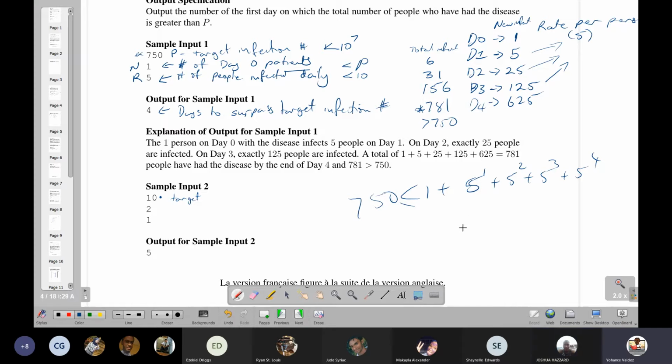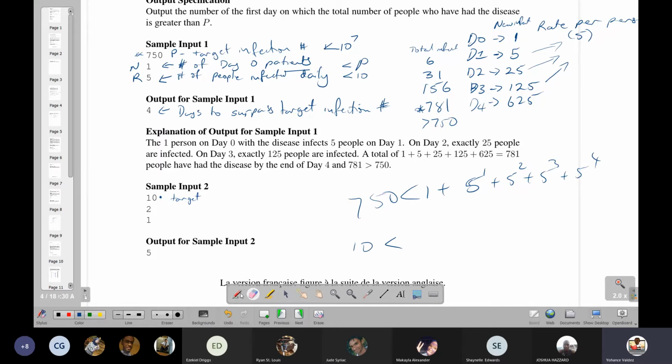So this is kind of like your formula if you think about it well. So let's see if we do it the same way. So we're saying 10 is less than, we don't want it equal to, all right?